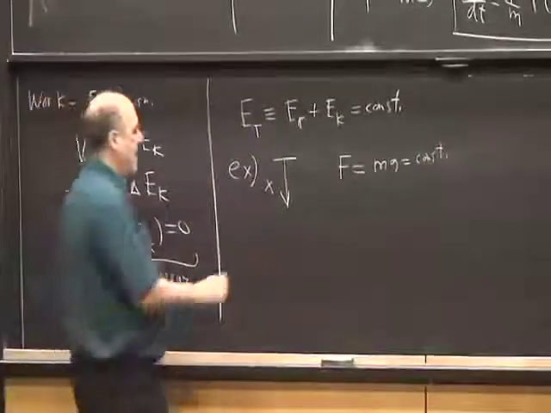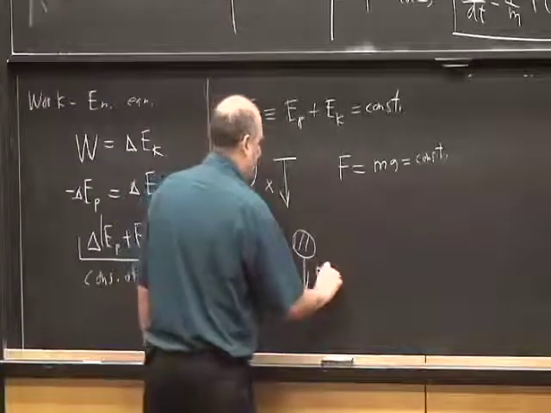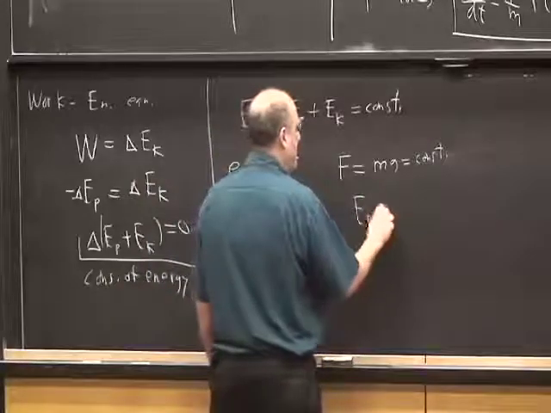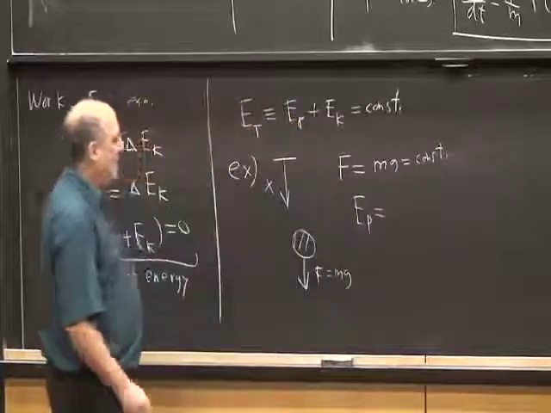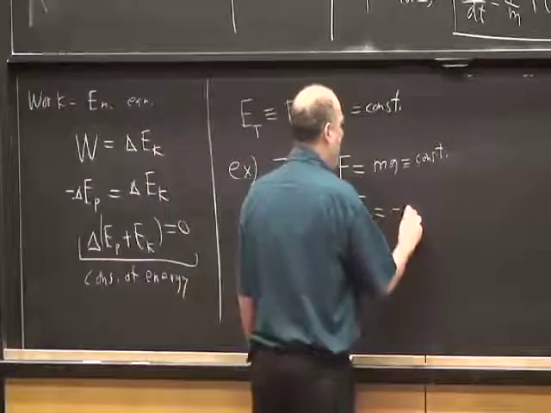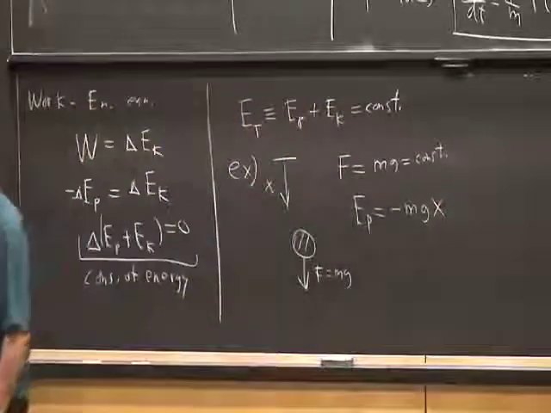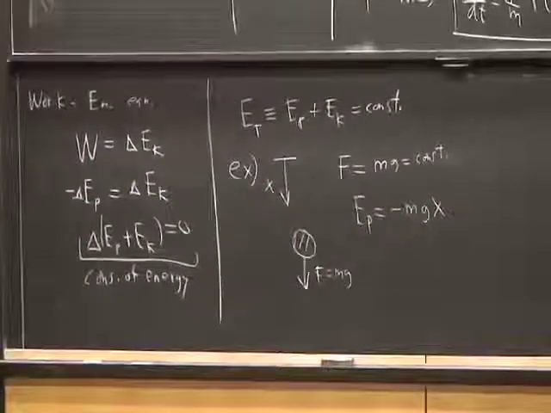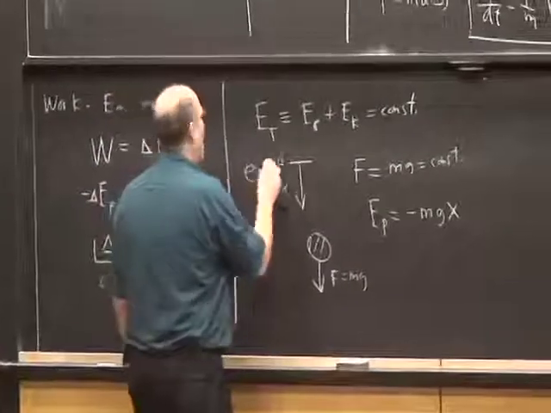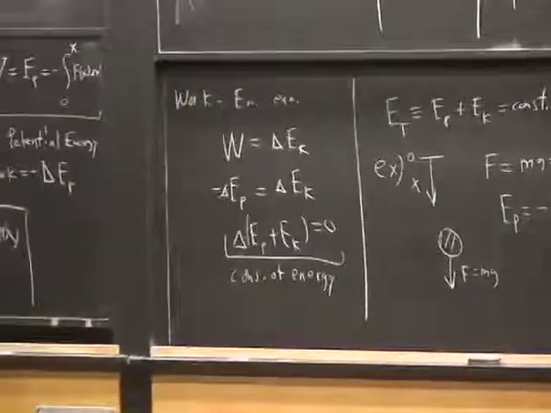And if the force is a constant mg, then that implies that the potential energy associated with this force is equal to, in the notation I have here, minus mgx. There's an arbitrary constant, which is where I put the 0, but let's just say I put the 0 right here. So my definition of potential energy goes from 0 up to x.